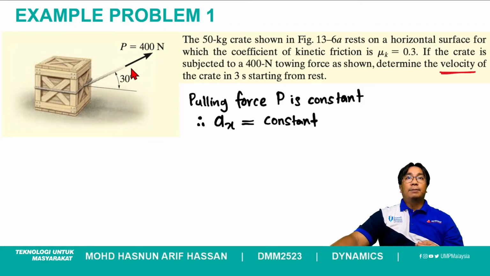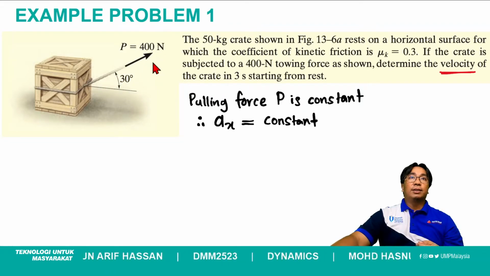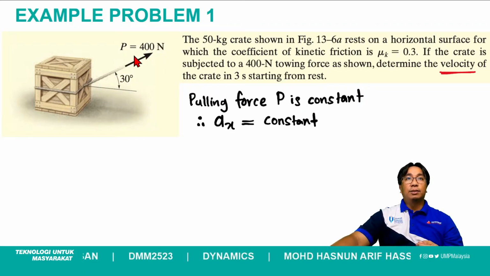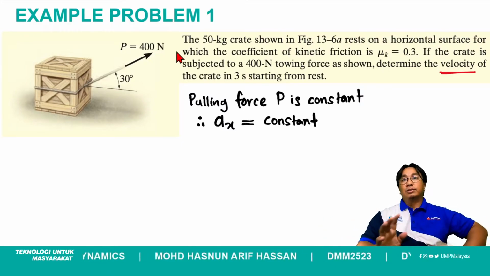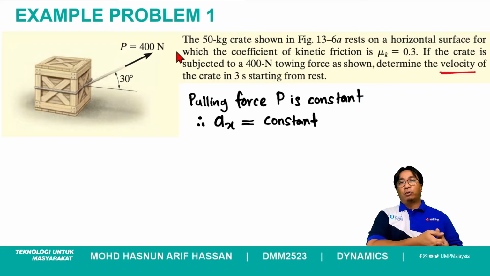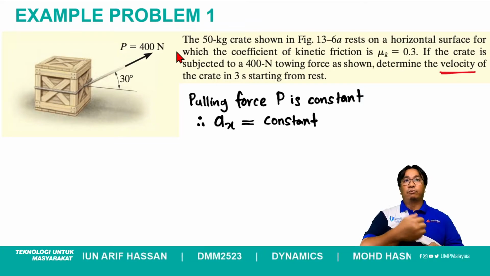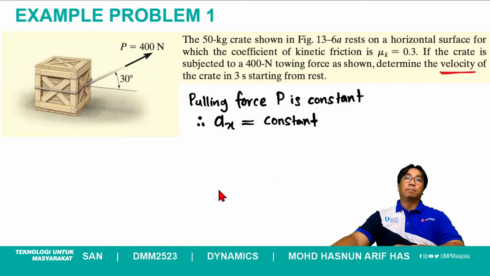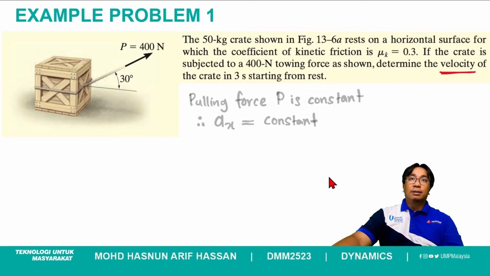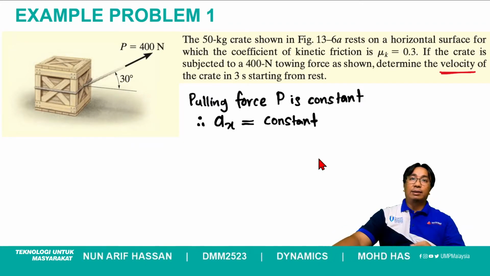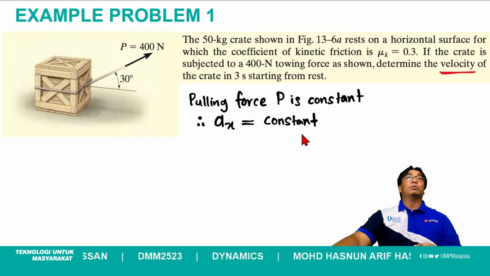We know that pulling force here is constant. It tells us here P is 400 Newton, doesn't change with time. So it will be constant 400 Newton pulling throughout the motion. Therefore, when P is constant, the acceleration that we have calculated before, AX, will also be constant.